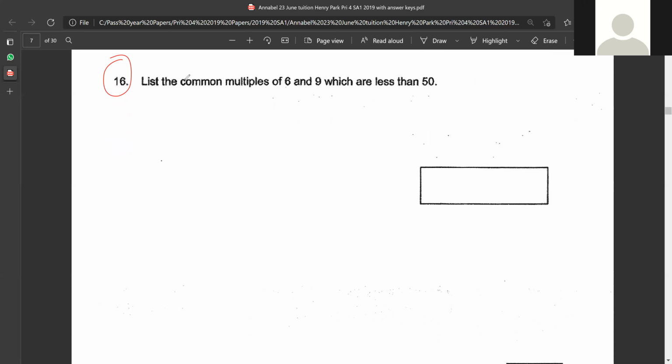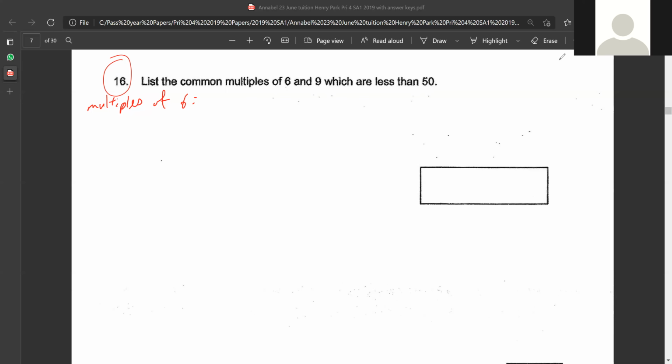Someone asks you to list the common multiples of 6 and 9, which are less than 50. So what are the common multiples of 6 and 9? Before you list out common multiples, let's list out the multiples of 6 first. Can you tell me what are the multiples of 6?